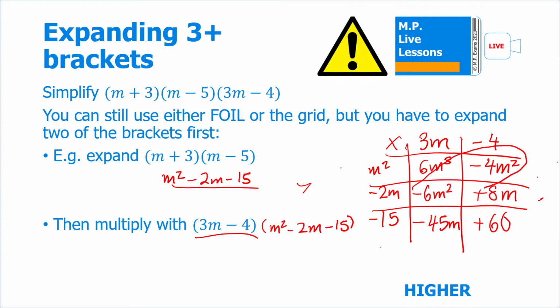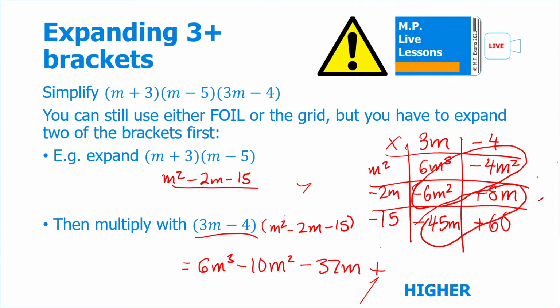And then we see on the diagonal that these terms will collect together. So in the end we get 6m cubed minus 10m squared minus 37m plus 60.